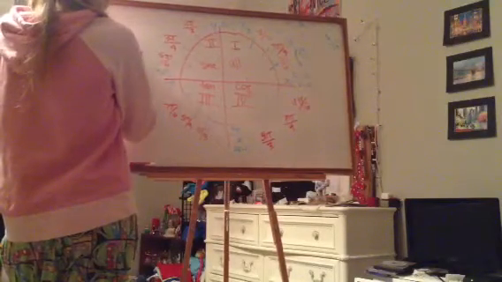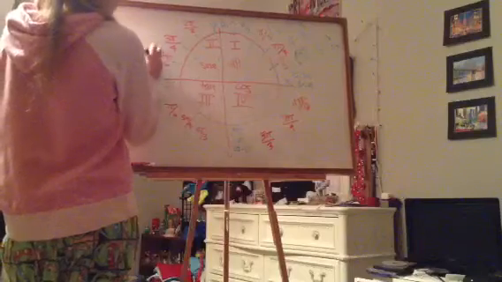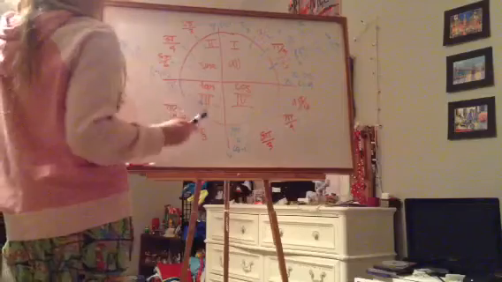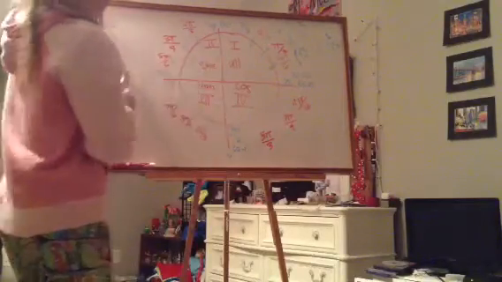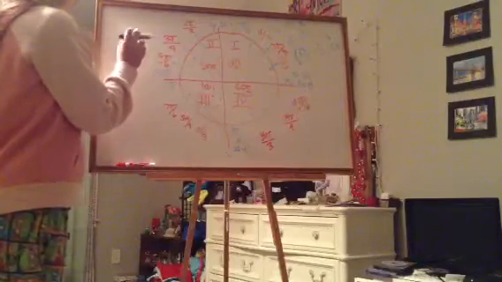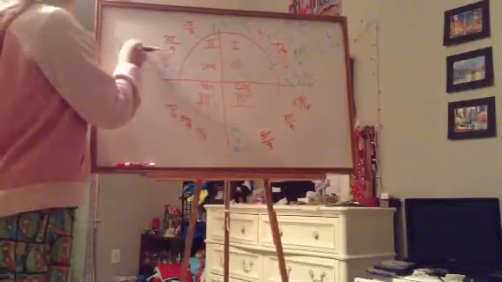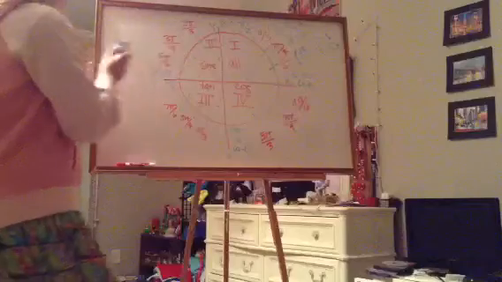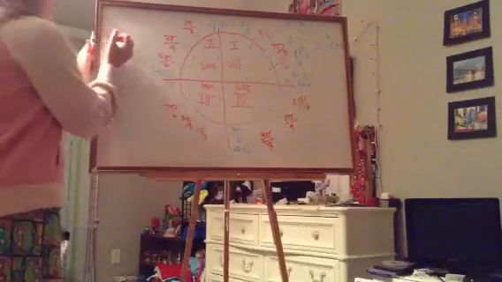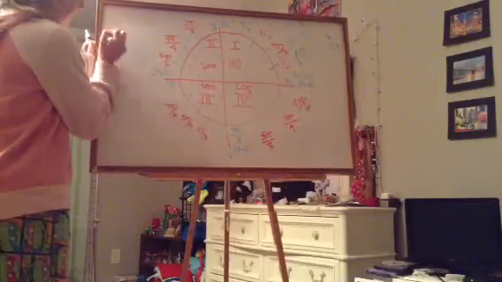Root 3 over 2, comma 1 over 2, and 1 over root 3. Only sine is positive here. Remember that we go in alphabetical order, so cosine over sine. So sine gets to be positive. That means we give, I'll do in red so it's a little obvious, this guy a little negative, this guy a little negative.